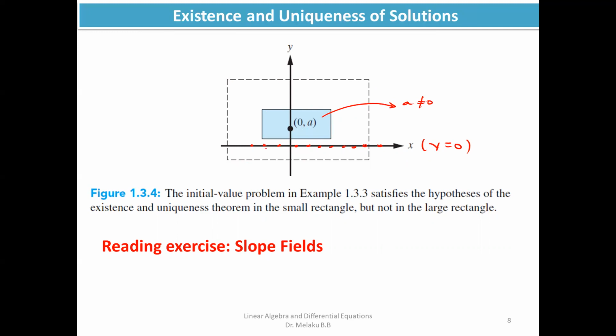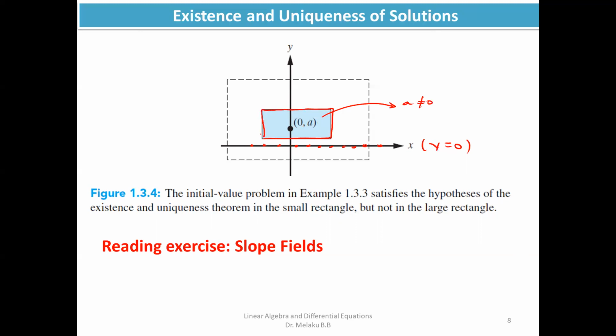In the big rectangle, we couldn't talk about the existence and uniqueness of the differential equation, whereas in the small rectangle, the initial value problem satisfies the hypothesis of the existence and uniqueness theorem. Why?